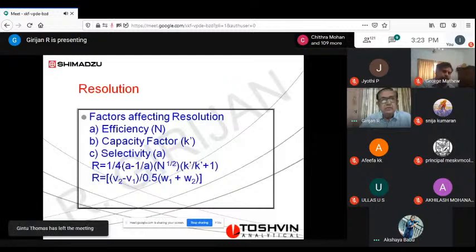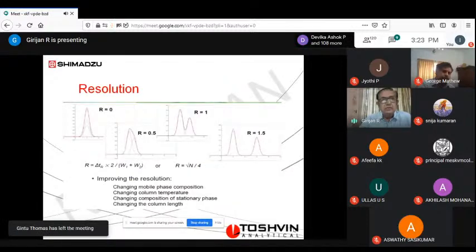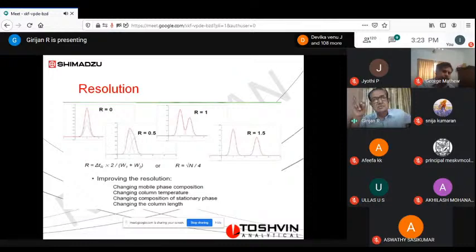So to sum it up, normally when we go to industry, we tell the customers, we tell the users, to get a separation by optimizing the conditions, you should get a resolution of at least 1.5. You can see on the slide on the extreme right-hand side, R is equal to 1.5.